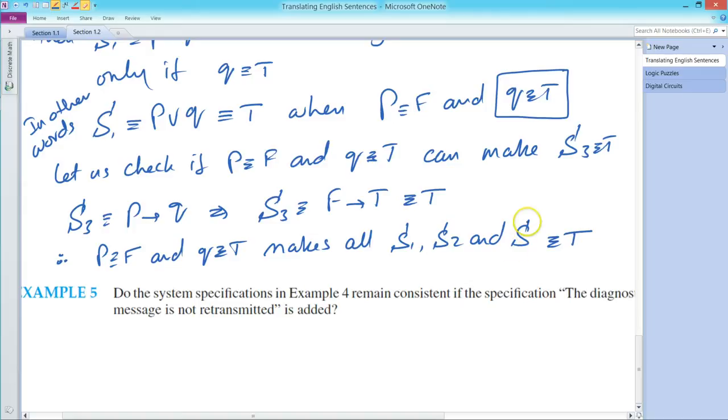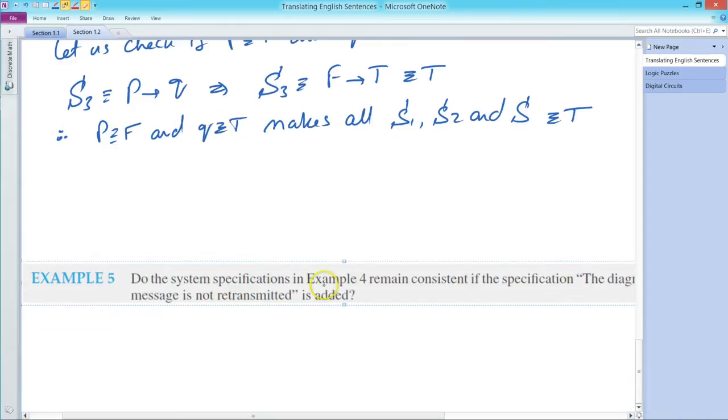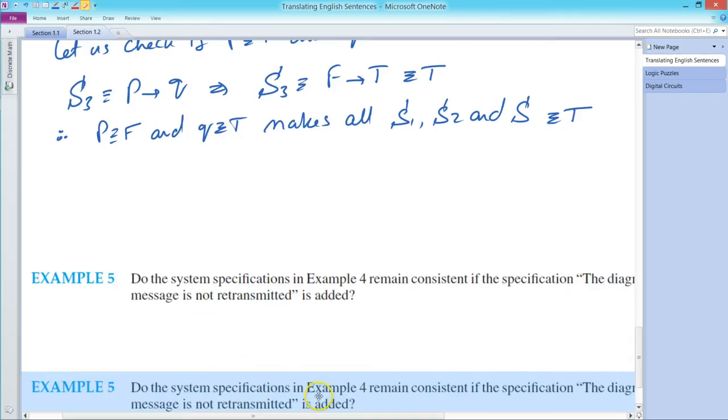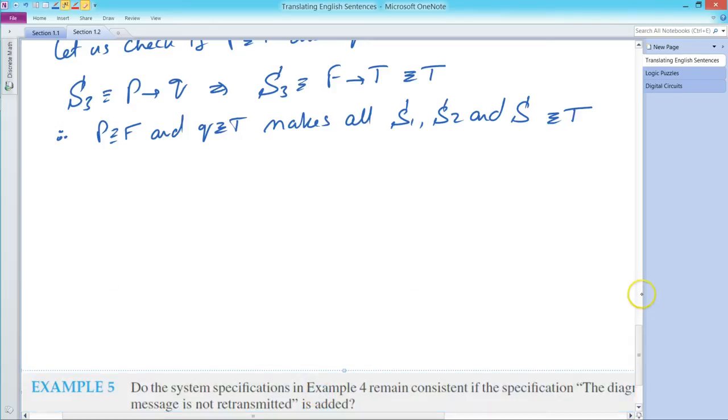Let me take this out of the way because I need more space here. Now we're not done yet, because the requirement in the question was to find out whether they're consistent or not.